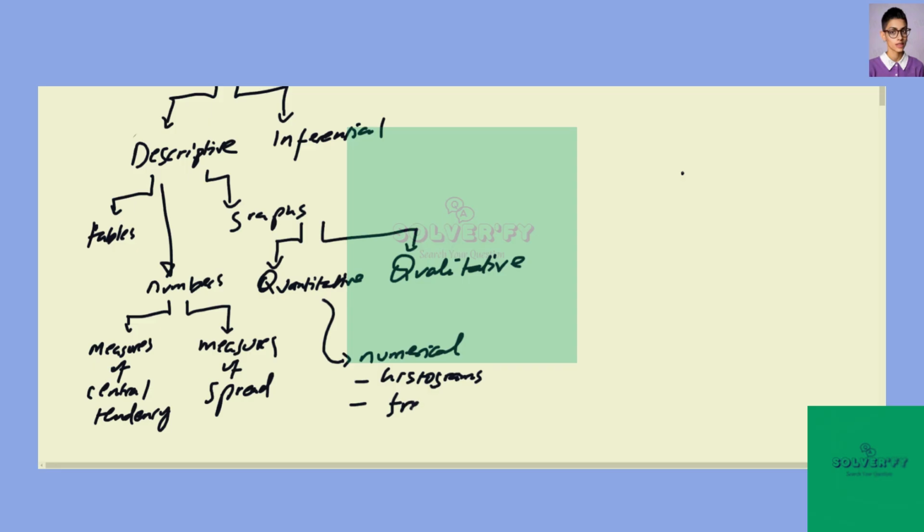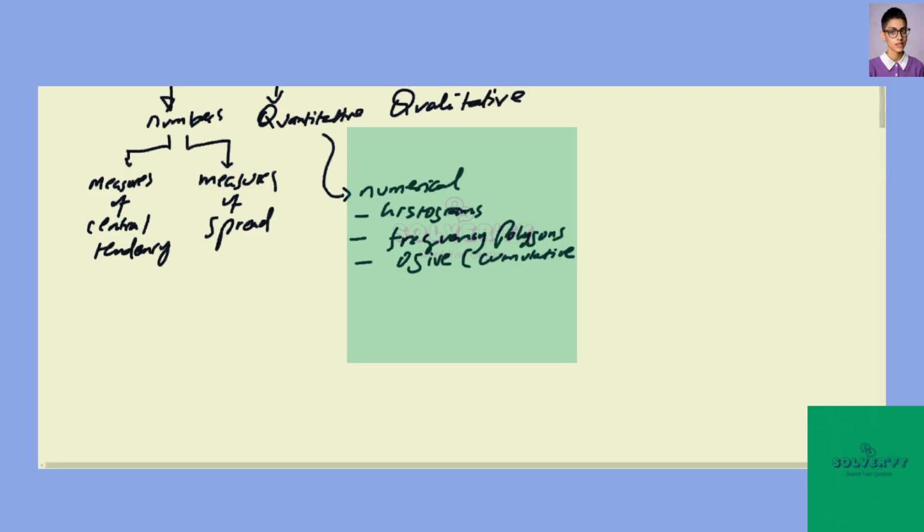We also have frequency polygons, and we also have the ogive. The ogive is the cumulative frequency graph.